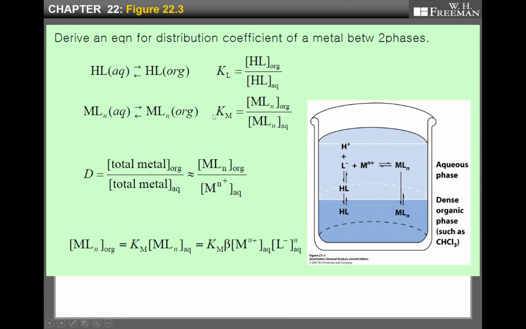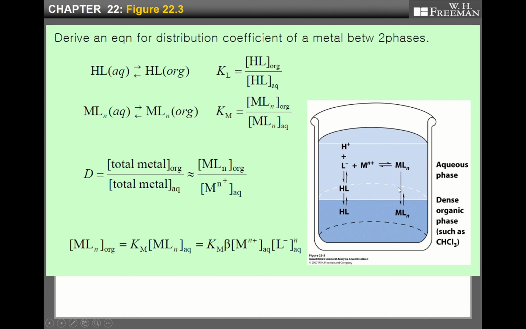Then we define Km, whose definition is identical to KL. And the distribution coefficient D equals the total metal concentration in the organic phase divided by the total metal concentration in the aqueous phase. It may be approximated by this equation.